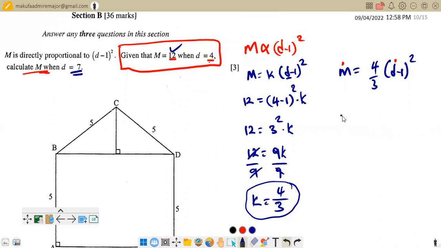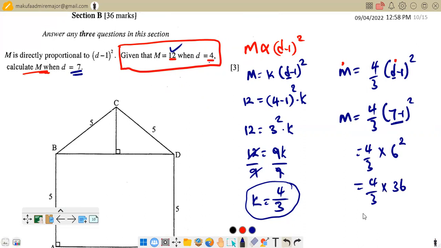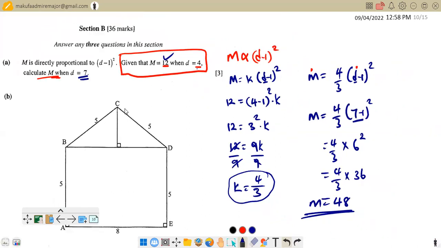So m is going to be 4 over 3 into 7 minus 1 squared. Remember, there's a squared here. So we have 4 over 3 times 6 squared, which is 36. And this is paper 2, so you can just use your calculator, and we are going to obtain 48. So m in this case was equal to 48.